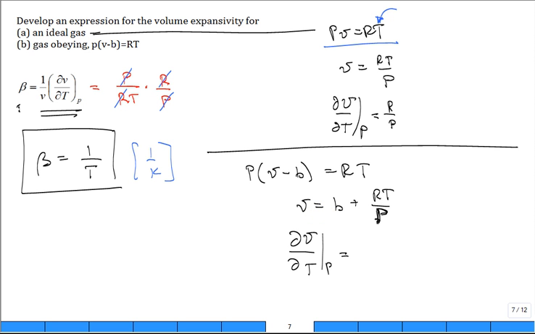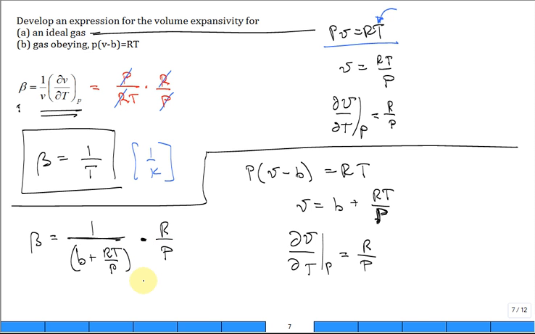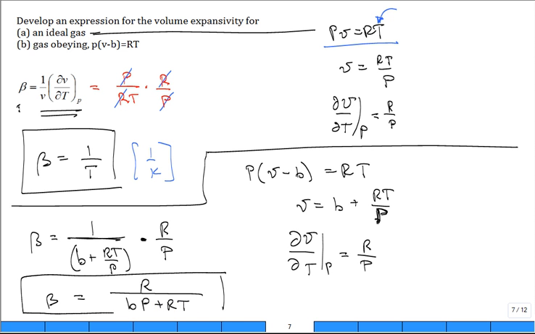And we're left with R over P. So in this case, beta is equal to 1 over V, 1 over B plus RT over P, times R over P. And you could simplify it a little bit, but it's really not going to simplify much. It's going to be R over BP plus RT, something like that. That's beta.